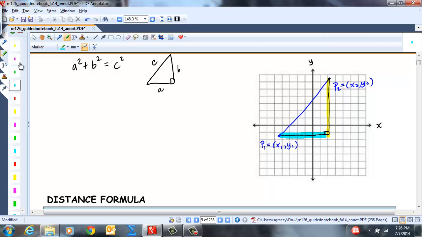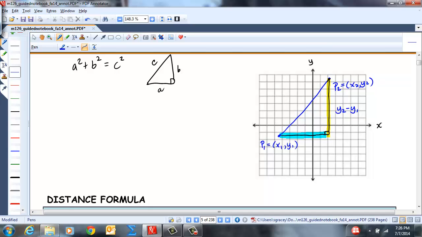Okay? So the yellow length is going to be a change in x or y values. It's a vertical line, so it's a change in, good, y values. So basically, this distance would be y2 minus y1.